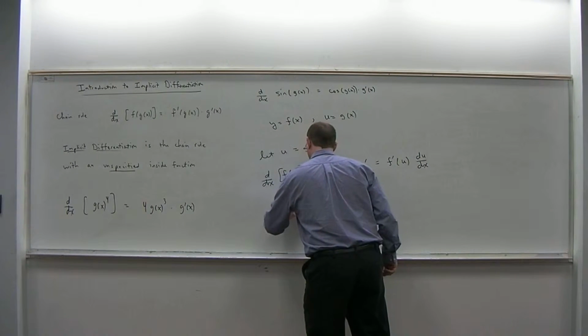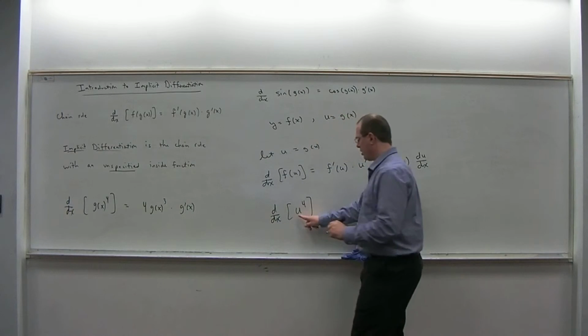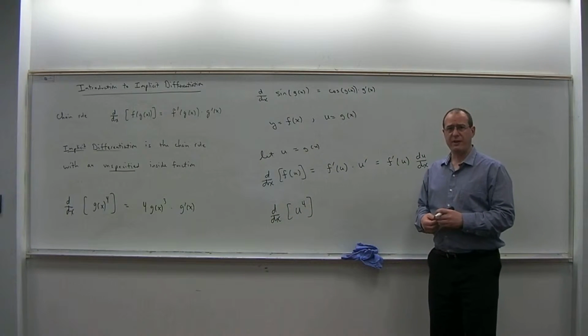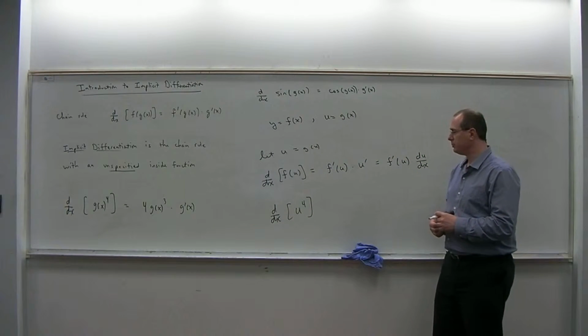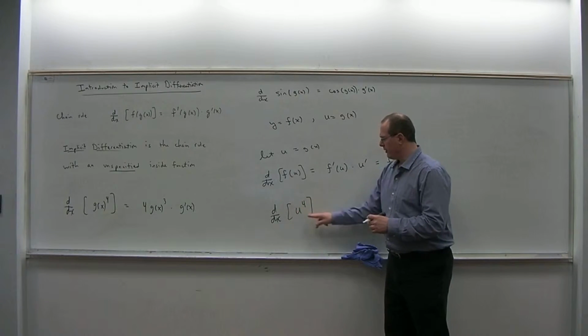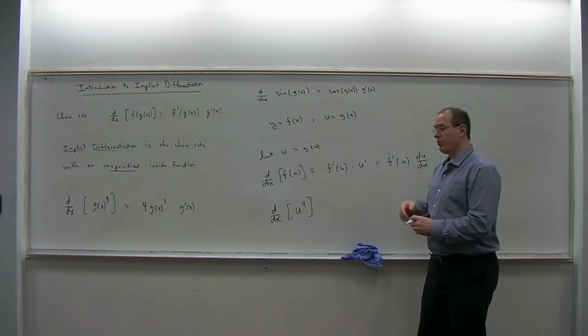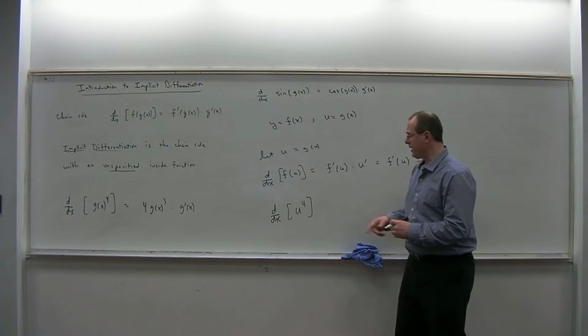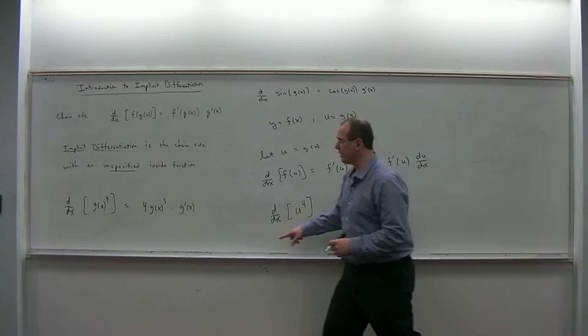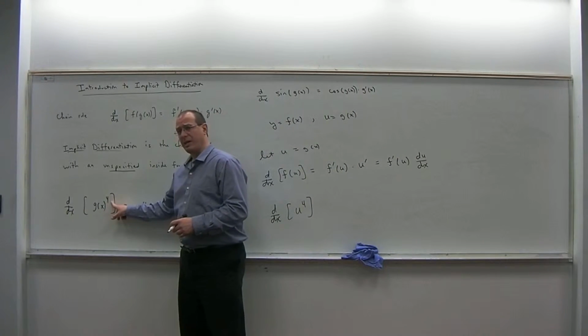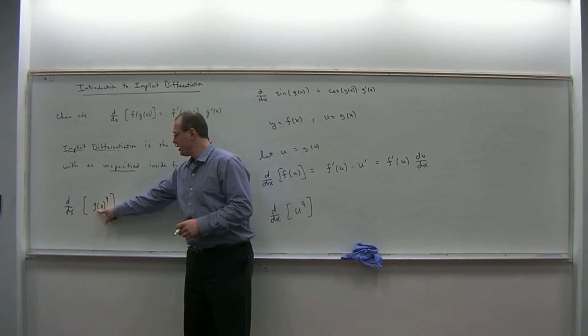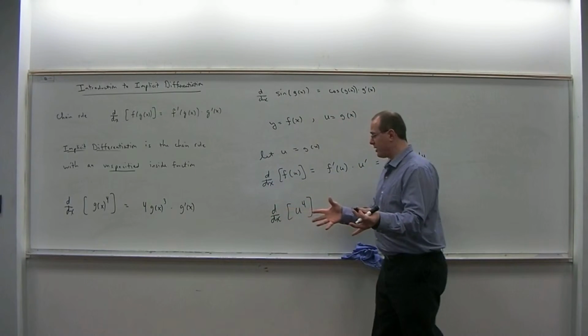Suppose we want the derivative of u to the fourth, where, remember, u is a function of x. So if you look at this, it might not look like a composition. We have to remember that u is a function of x. And so this example is basically just like this example, using the letter u instead of g of x.